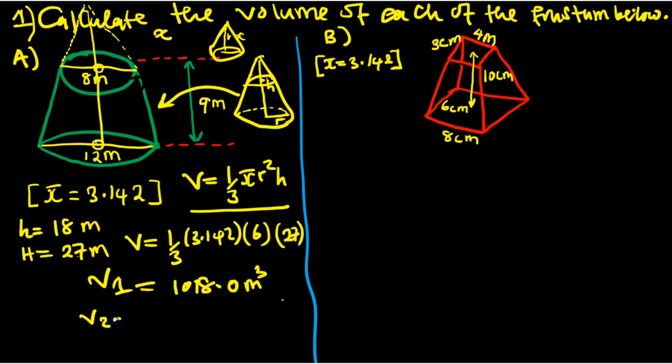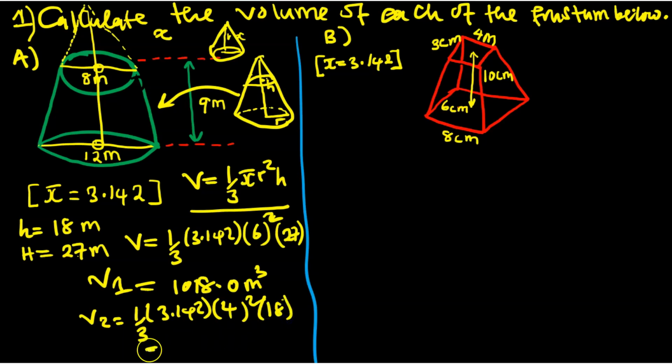Then volume 2, the small one. We are finding the volume of the small cone that was cut on top, and it has a small height of 18. The pi, we still use the same. The radius, we said, is 4 on top here. So we have 1 over 3 times pi, 3.142, multiplied by 4 squared, since here for the big one it was 6 squared, then the height that we found is 18.